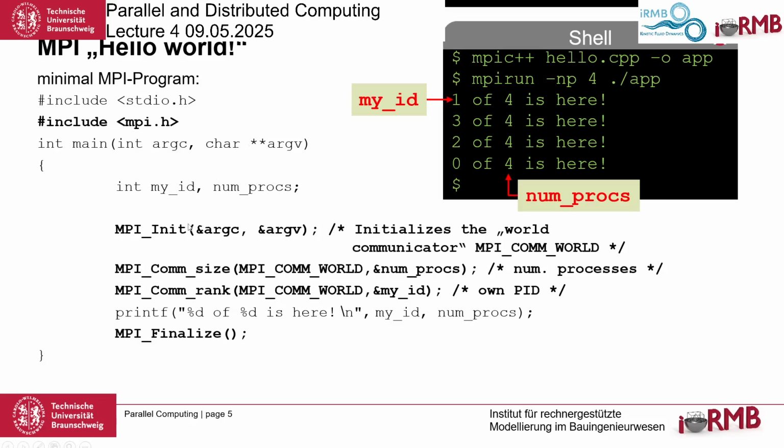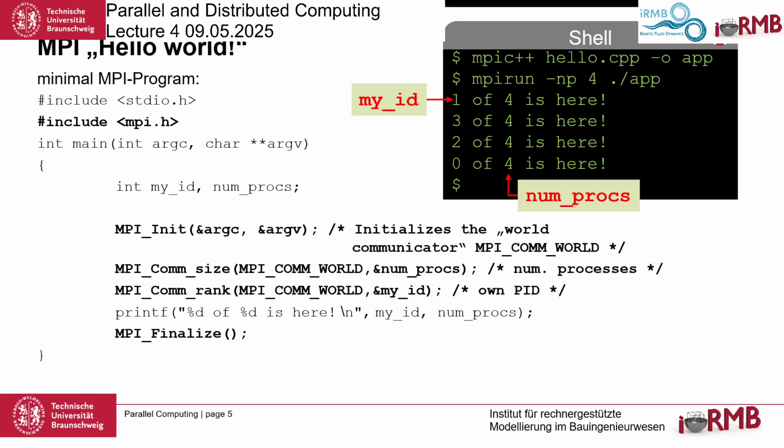Then we have some variables, and there are two variables that we usually need to use. Two minimal pieces of information that are important for us.